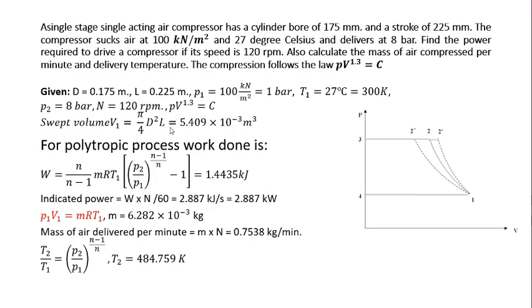And the diameter and stroke length of the piston is given. Pressure P1 is also given. T1 is 300 Kelvin. P2 is 8 bar. Speed 120 rpm.